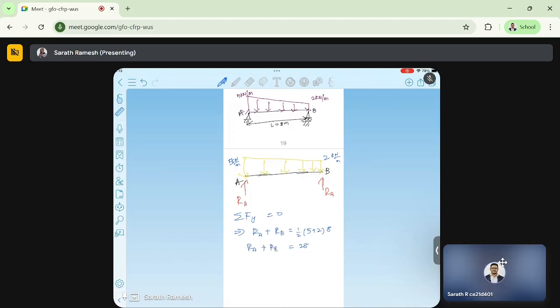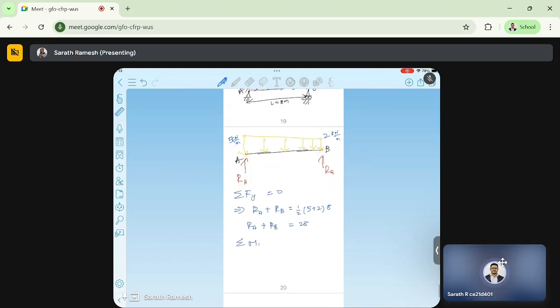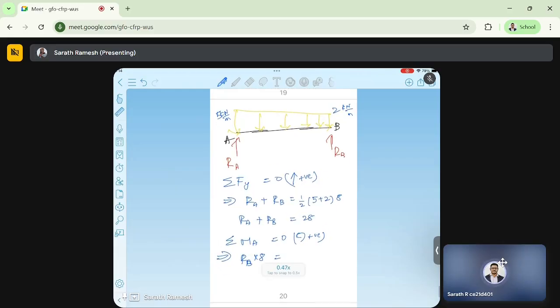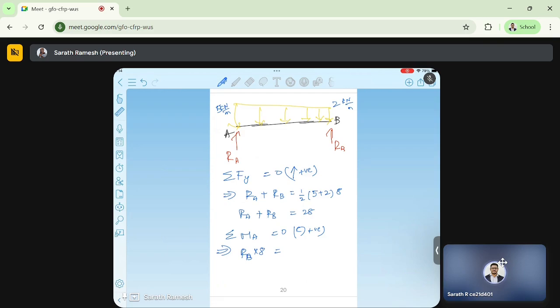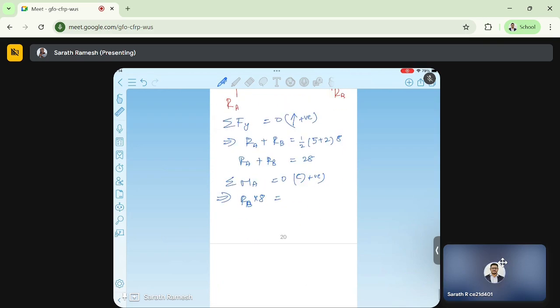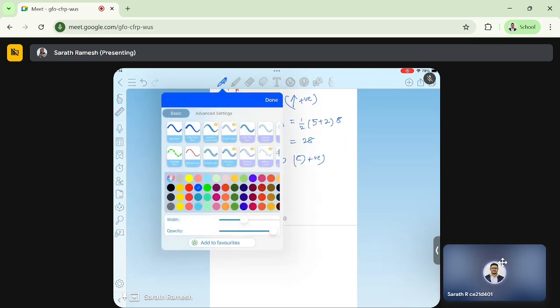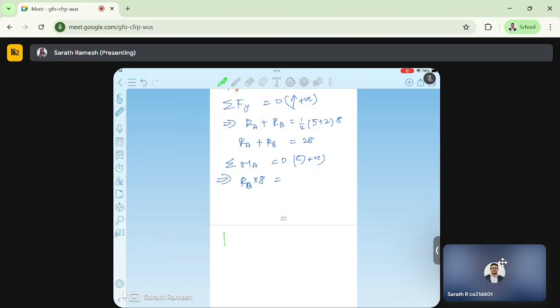RA plus RB equals 28. Next, maybe moment at A, can we do? Moment at A equal to 0. This is upward positive, and let me take anticlockwise positive. So this implies RB into 8 will be equal to, again here it's a trapezoidal loading, so I'm going to break it down into two loadings, that is a triangular loading and a rectangular loading.